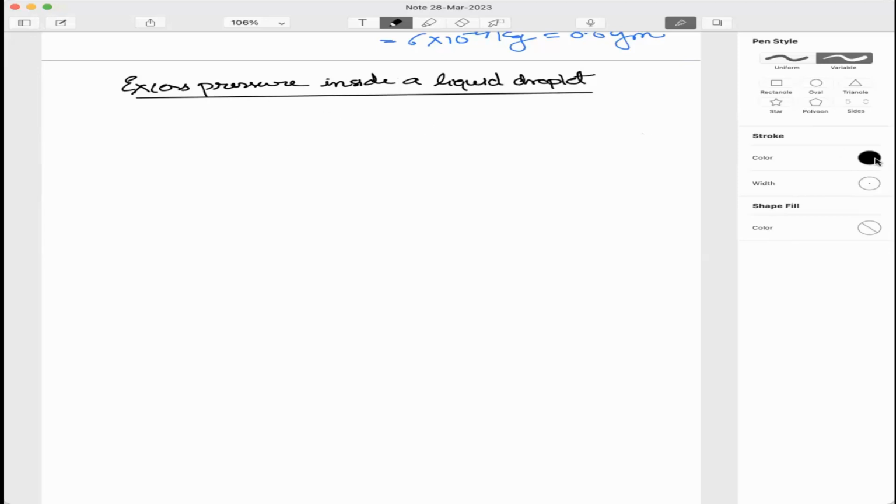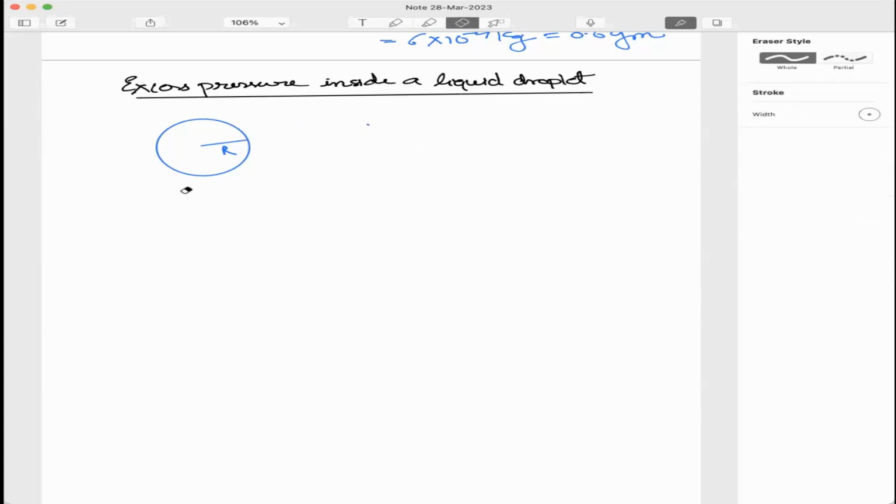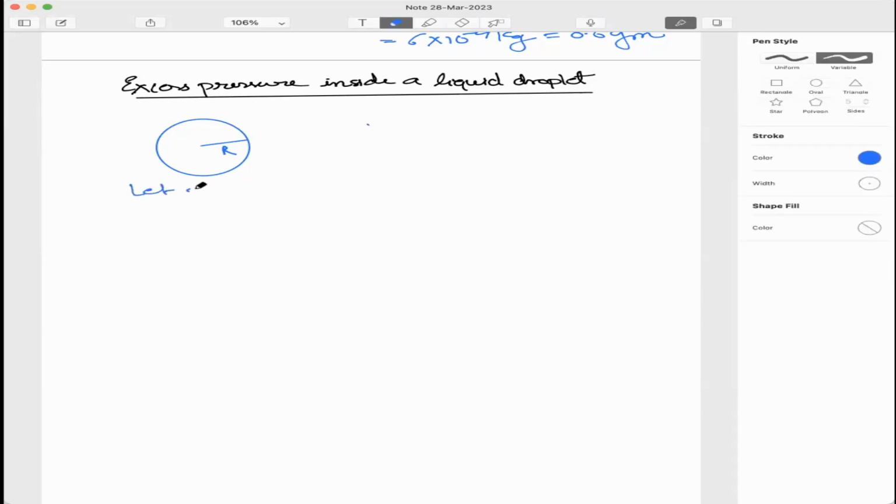So let us consider a spherical drop of radius r.